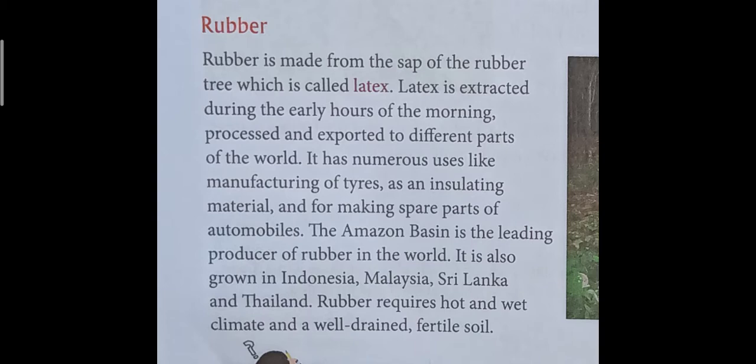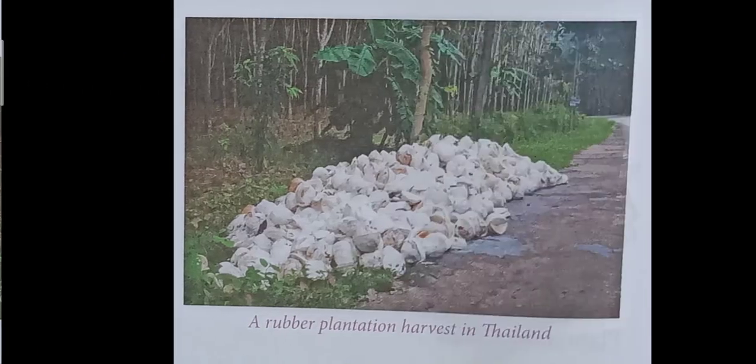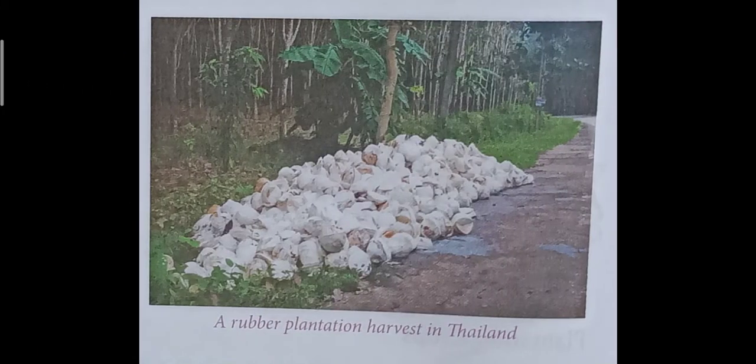It has numerous uses like manufacturing of tires, as an insulating material, and for making spare parts of automobiles. The most important thing written here is that the Amazon basin is the leading producer of rubber in the world. As you can see here, a rubber plantation harvest in Thailand.